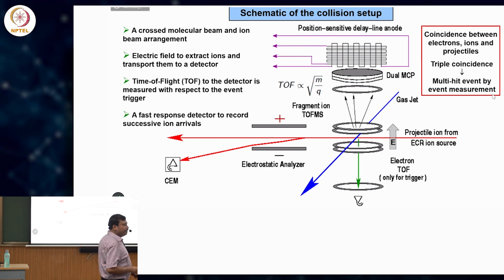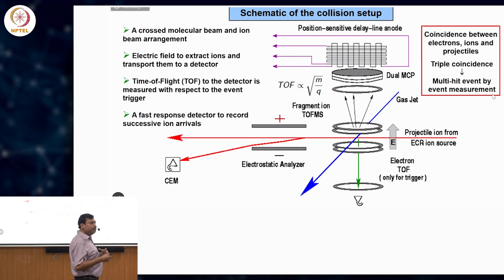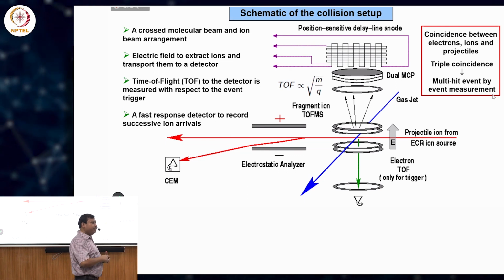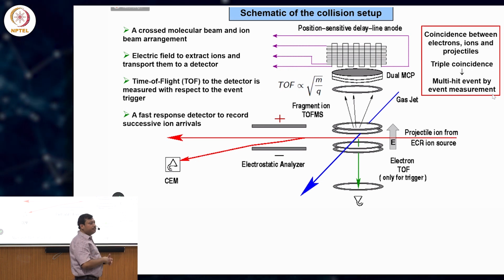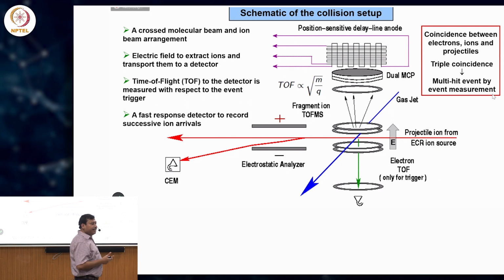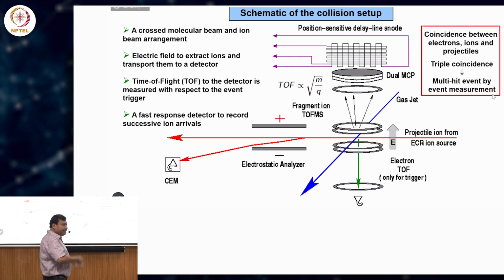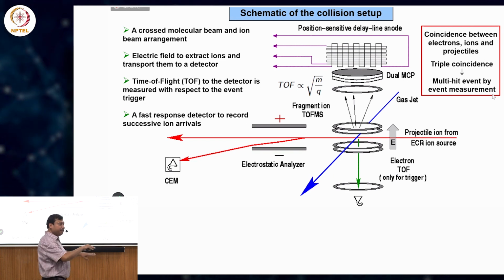So the electron can be safely used as a trigger, but electron trigger and time of flight has its own problem. If you have a highly charged ion, or a bigger molecule, you will knock out a lot more electrons. If you knock out a lot more electrons and excite your molecule to higher charge states, it will modify your fragmentation pattern.